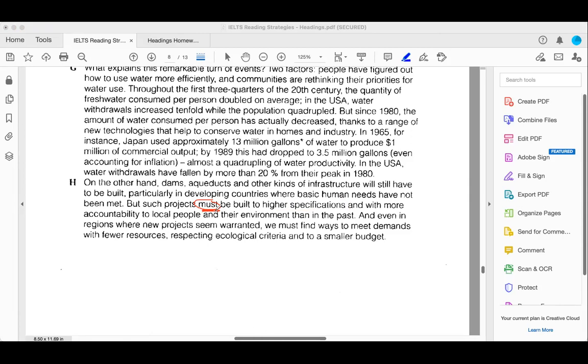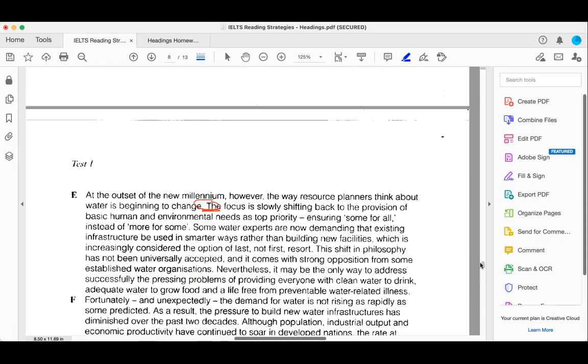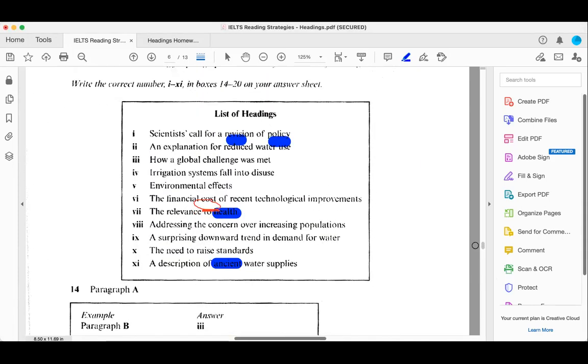Must is a modal, like may, can, and so on. And IELTS uses exactly the same. Here, IELTS is using need to raise standards. So need is the modal. So whatever type of exercise you complete in reading, try to understand the grammar, because the grammar will help you a lot.